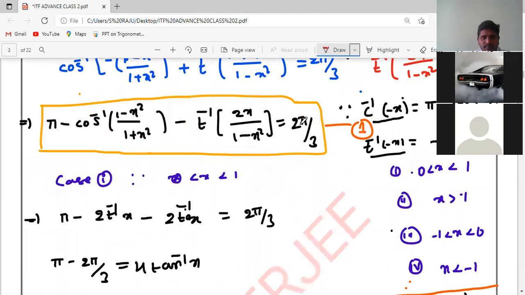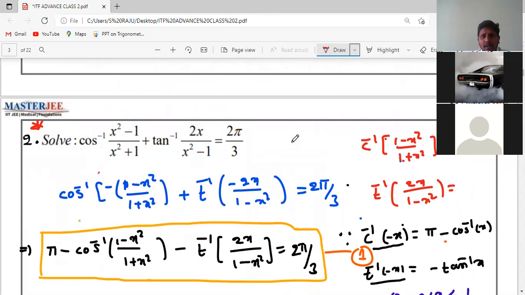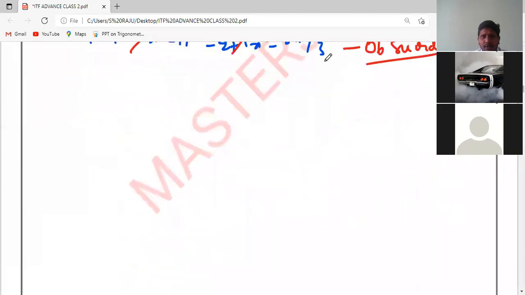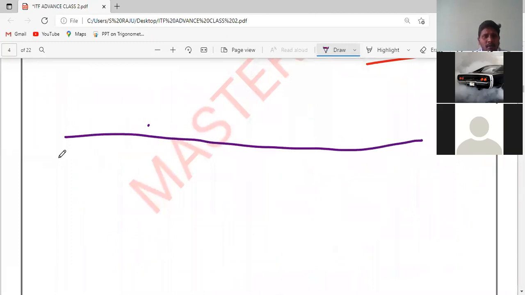Here tan inverse is there, cos inverse is there, and they are asking the question where x belongs to the real numbers. Solve means here x you can consider as a real number. So you can take the real line, minus infinity to plus infinity.